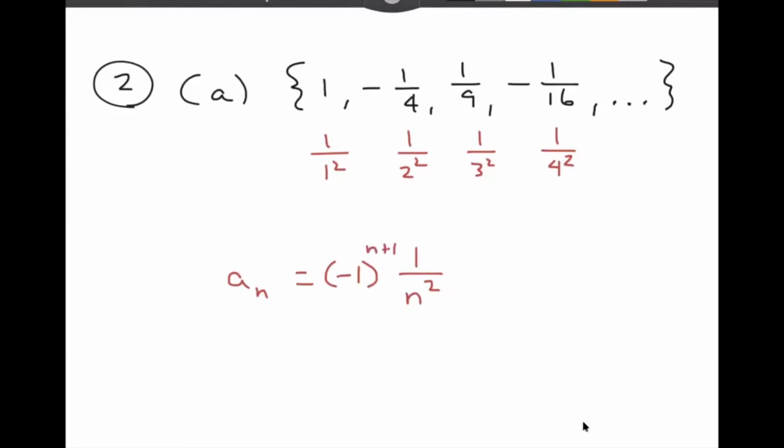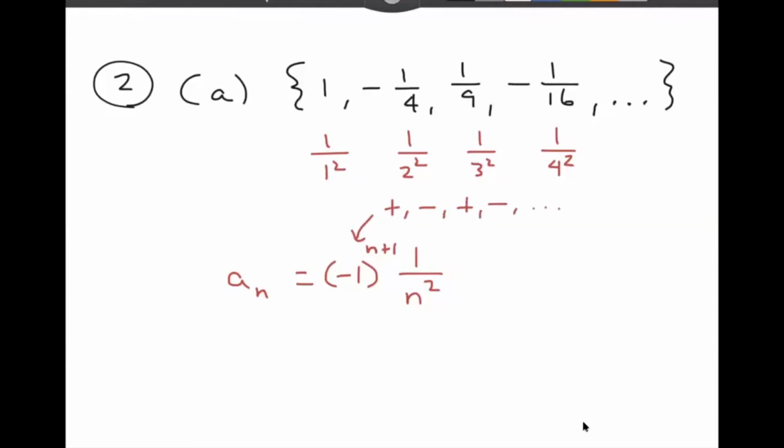And the reason is when n equals 1, that part of it would come out to -1 squared, which is 1. We want the first term to be positive. The second term would start with -1 to the power 2 plus 1, so -1 cubed, which is -1. Okay, so putting this as part of the sequence makes the signs alternate starting with positive.